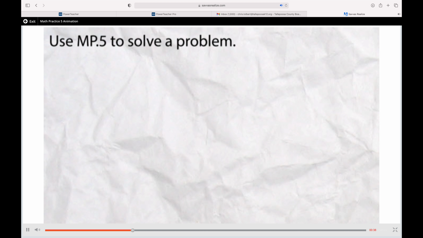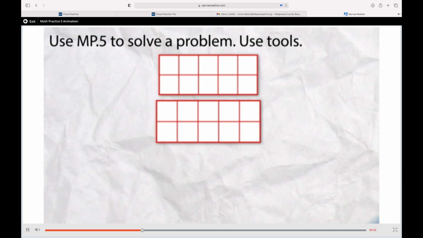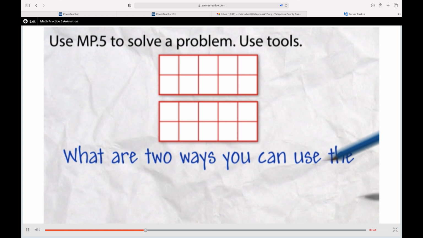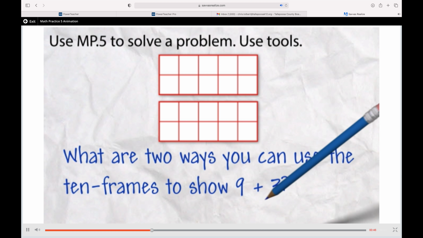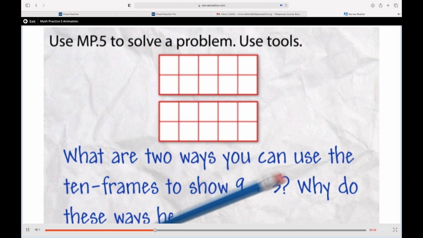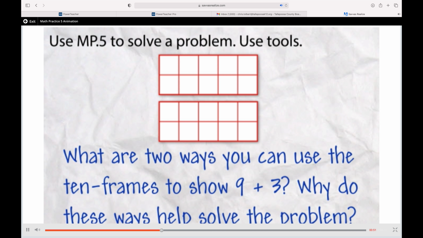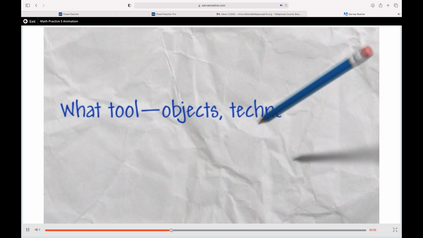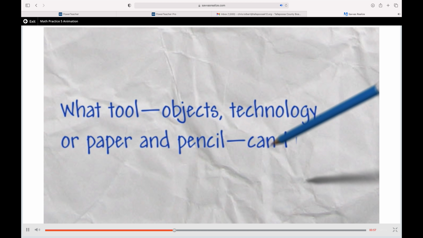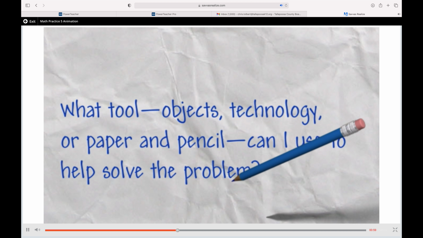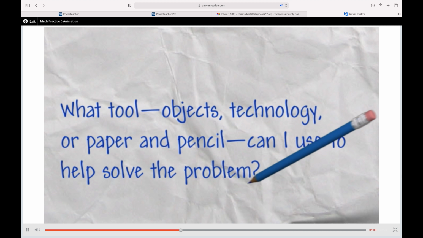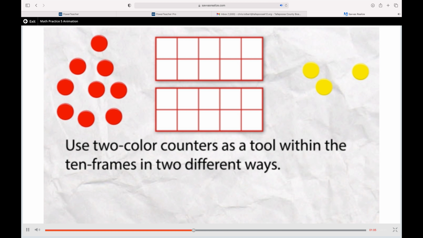Use MP5 to solve a problem. Use tools. What are 2 ways you can use the 10 frames to show 9 plus 3? Why do these ways help solve the problem? Ask yourself, what tool, objects, technology, or paper and pencil can I use to help solve the problem? Why? Use 2 color counters as a tool within the 10 frames in 2 different ways.